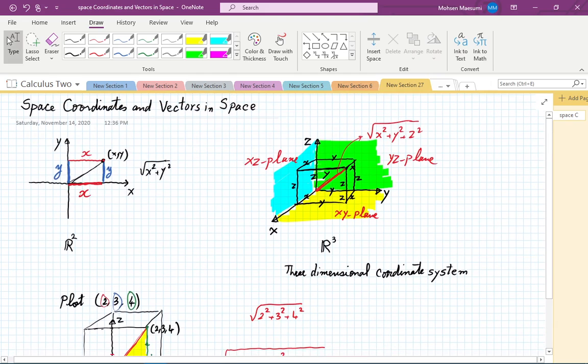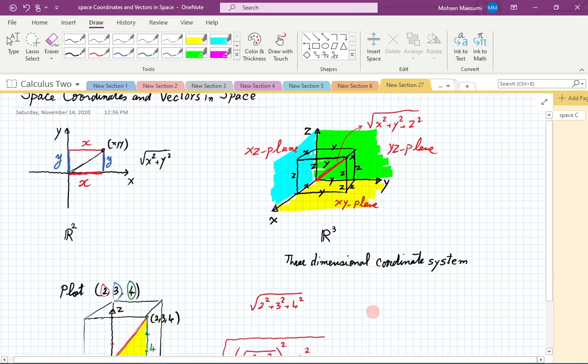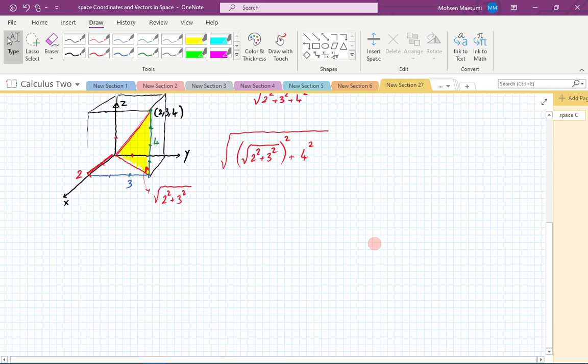So what we have is a Pythagorean formula in 3 dimension, and let's apply it to distance. So, a distance formula in 3D.